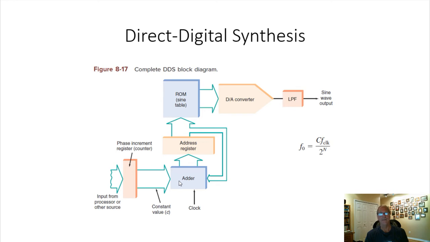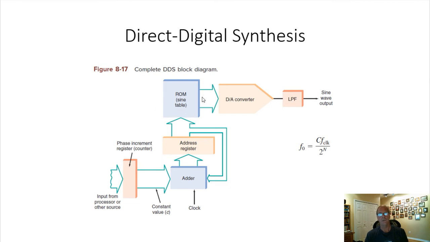So it keeps adding the same number over and over again, and this output feeds an address register. The address register is connected to a ROM lookup table, and the ROM lookup table has digital values in it which represent a sine wave.